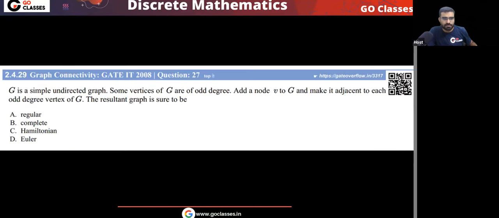Let's see this question. This is a GATE IT 2008 question.